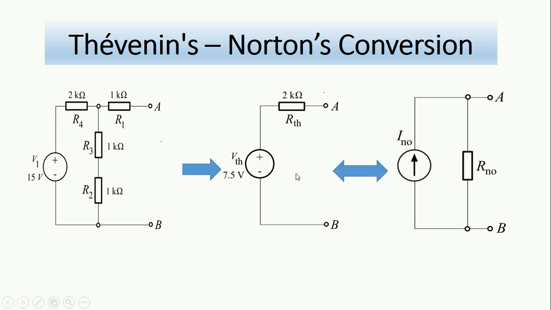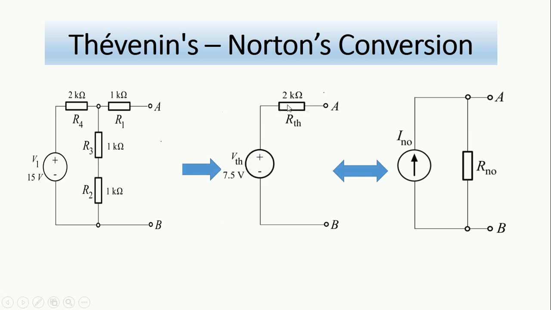Actually, one remark on this Thevenin equivalent circuit: if you look here, we have a voltage source and then a resistance. This is typically a voltage source, not an ideal voltage source. An ideal voltage source will only have a voltage source here, but no internal resistance.